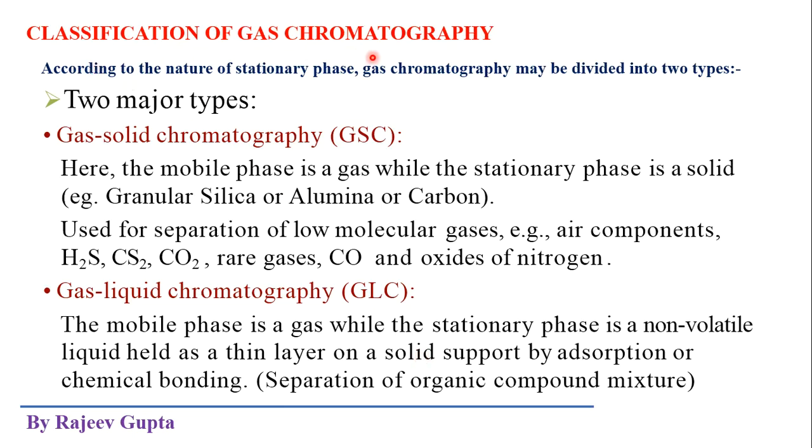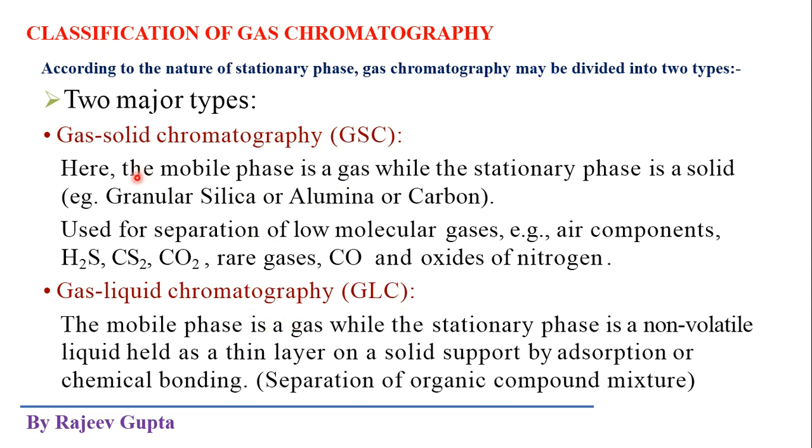Now the classification of gas chromatography based on the nature of the stationary phase. Because we already fixed the term gas chromatography, the mobile phase is fixed. In both types the mobile phase is gas, but depending on the stationary phase we make two types.